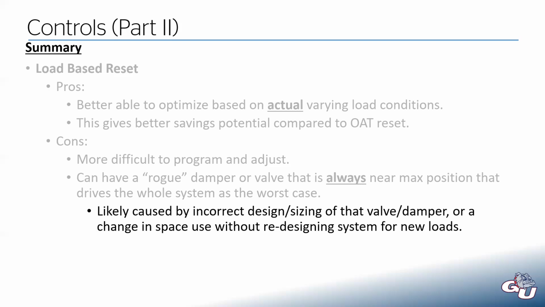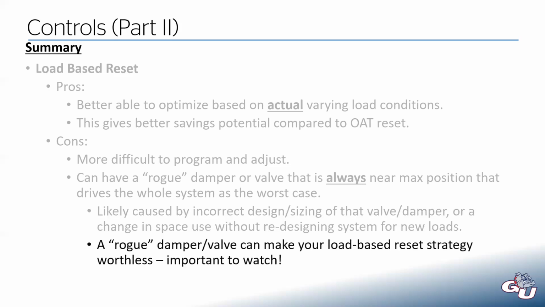And so now that little tiny office needs a ton of cooling because of all that server equipment you just shoved in this tiny closet, and the chilled water valve serving that room is now too small. And so it's always going to be maxed out, trying to get as much cooling as it can. So that rogue damper or that rogue valve can totally invalidate a load-based reset strategy. You can spend all this time programming this in and then have the whole thing derailed by one damper or valve in the system.